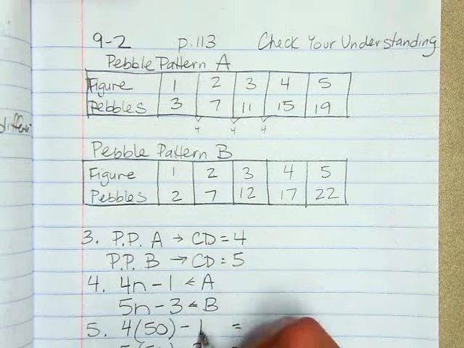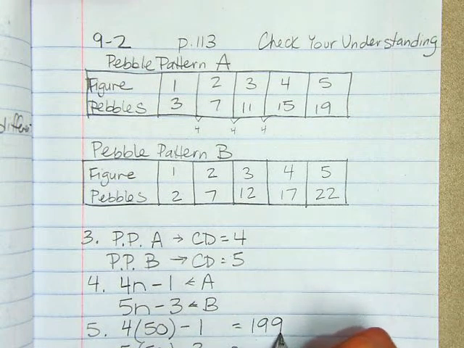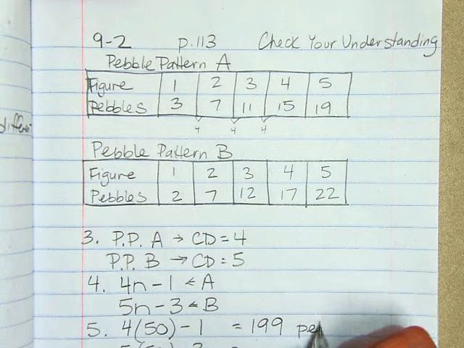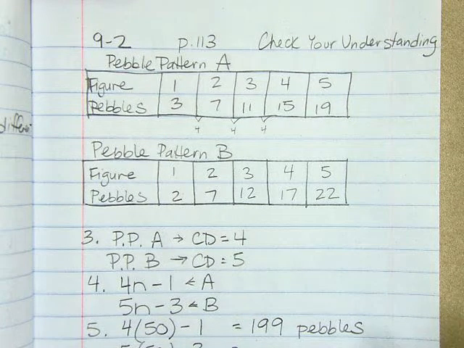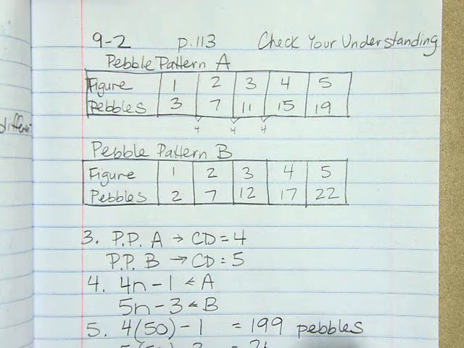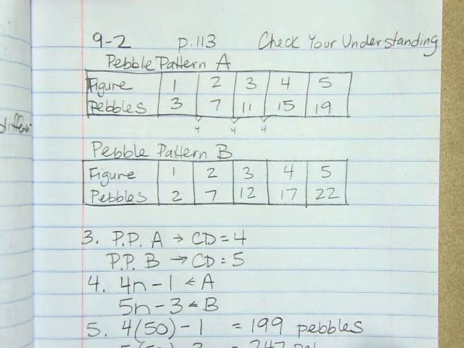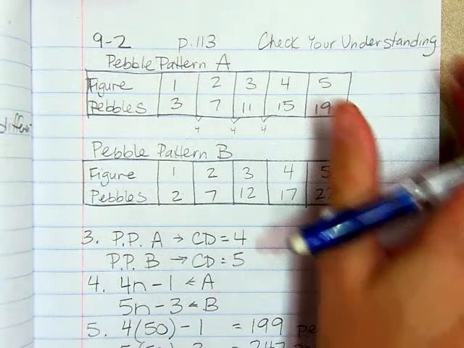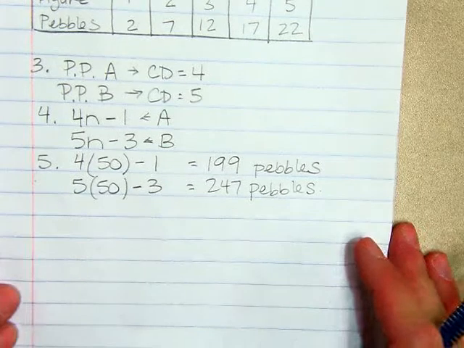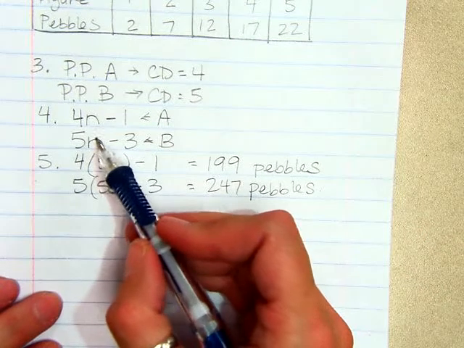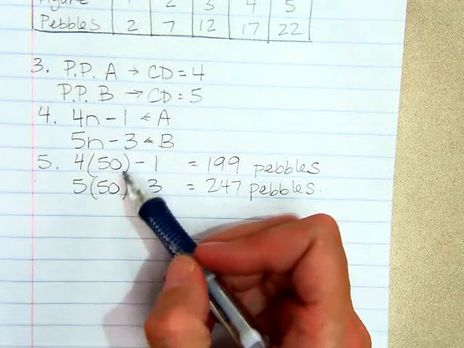And then if I subtract off 1, that gives me 199 pebbles. And likewise, 5 times 50 minus 3 is going to give me 247 pebbles. Again, you could use your calculator here. It's just PEMDAS. Let me scoot this up. Sorry, guys. All I did was put in 50 for n in my expression because I'm talking about the figure.